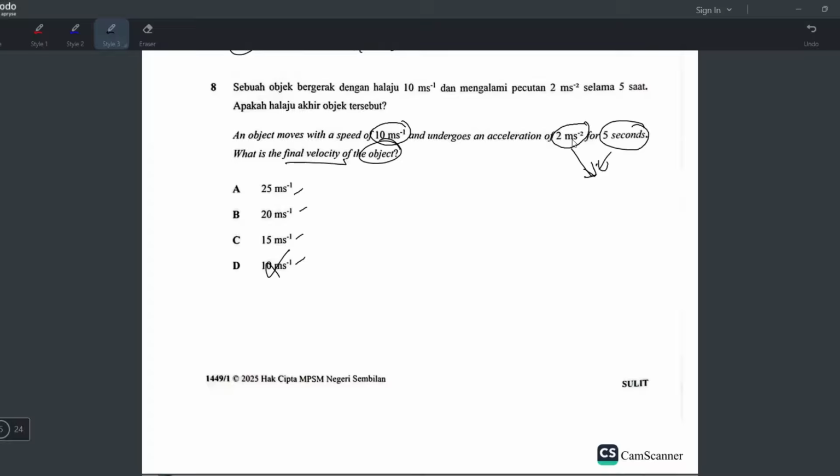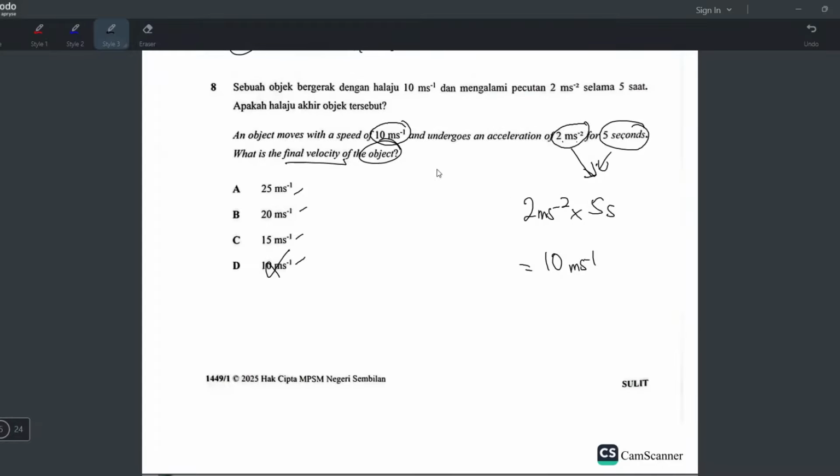But to find out how much speed is added, you have to look at this info: 2 ms minus 2 for 5 seconds, right? So 2 ms minus 2, I want it to be ms minus 1 because I want the speed. So I can times with the 5 seconds. So I'll get 10 because then the unit will become ms minus 1. Yeah, because s minus 2 times s will give you s minus 1.